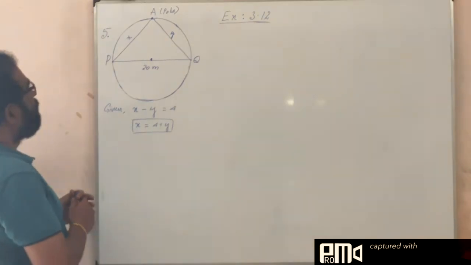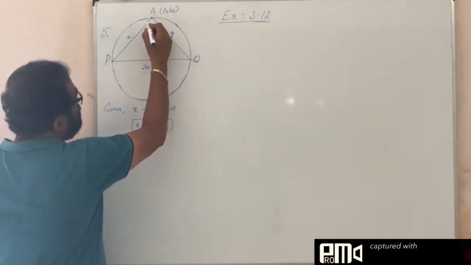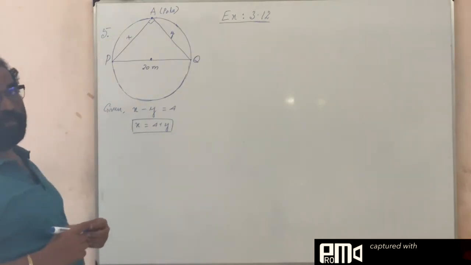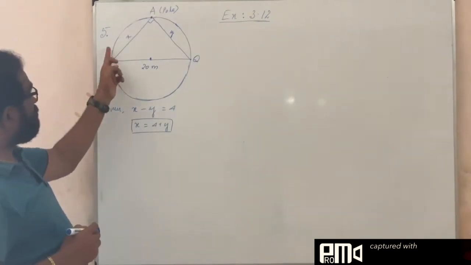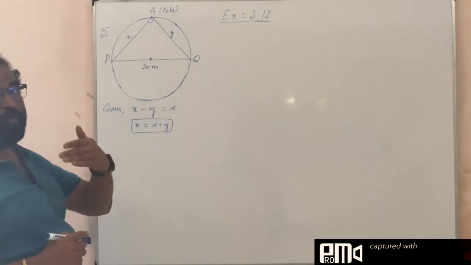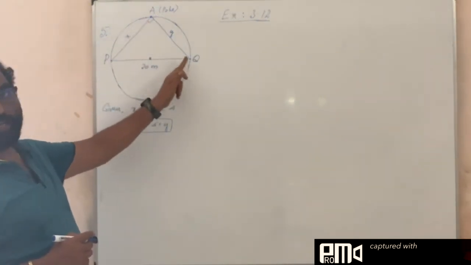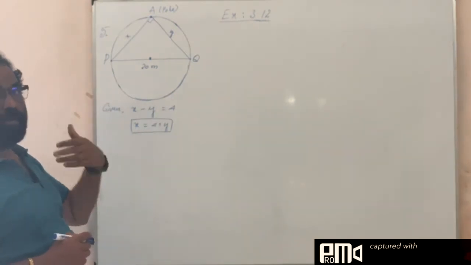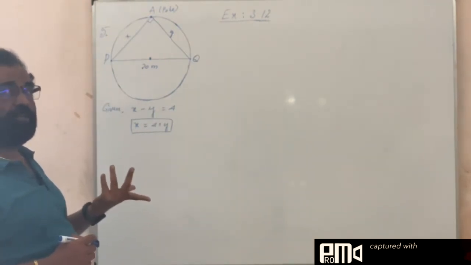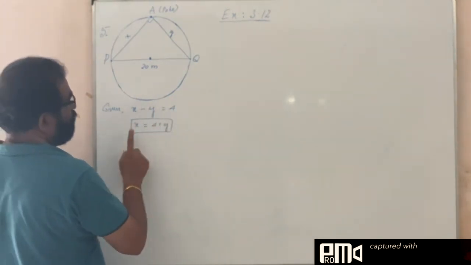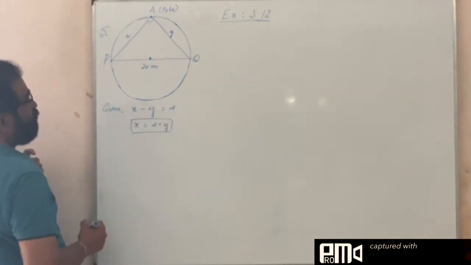Now you know that the angle in a semicircle is a right angle. This is a semicircle, right angle. Geometrical fact we are using here. So if it is a right angle, this becomes a right angle triangle. Right angle triangle means automatically Pythagoras theorem, right? So given x minus y is equal to 4, x is equal to 4 plus y.